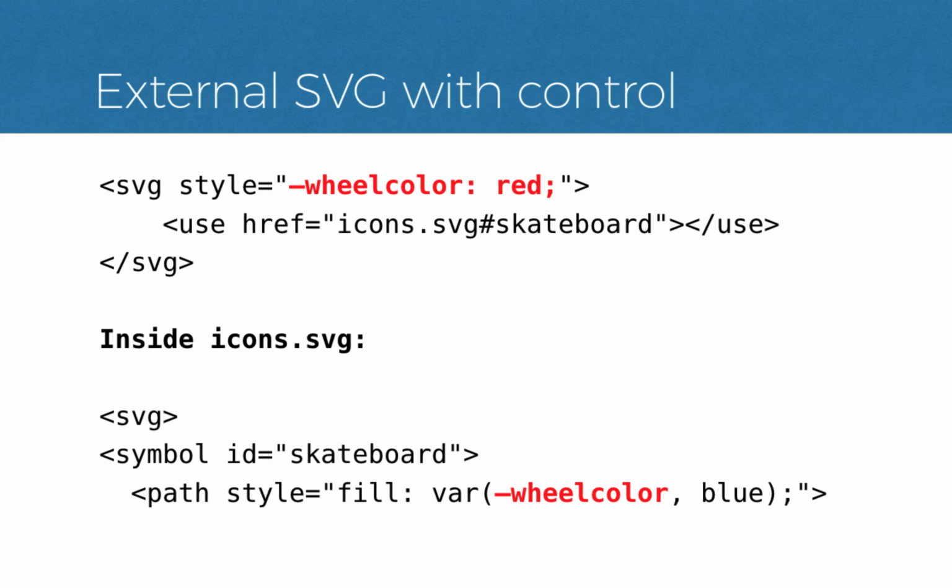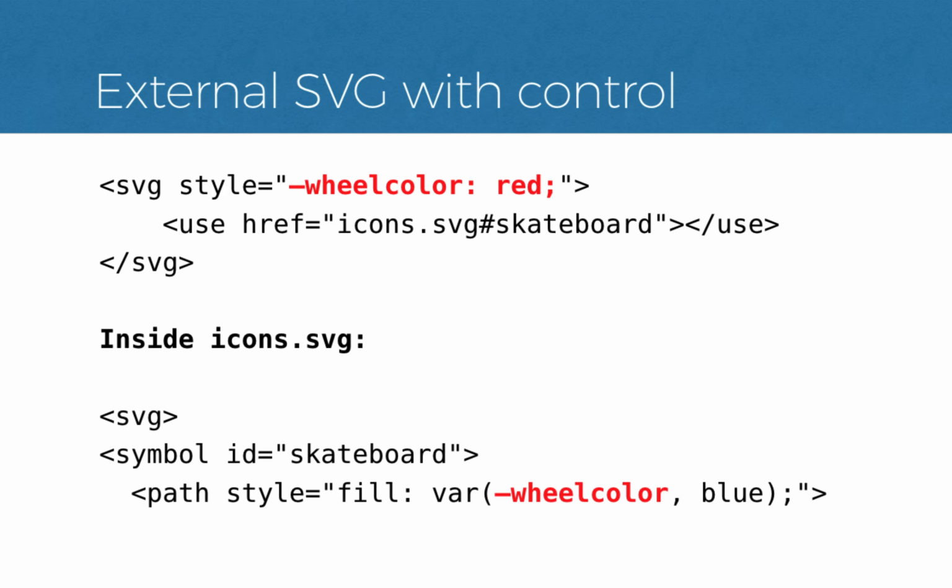Here's a new pattern that I have been liking to work with that gives us a lot of the benefits of both. CSS has custom properties now, which are like variables in CSS that can be defined in the parent document, and they magically carry through into external SVG files if you reference them in a certain way, such as with the use element.